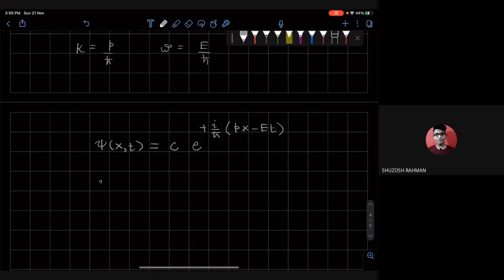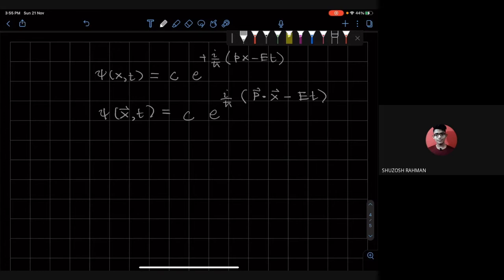So if you were to write a 3-dimensional version of this, this would be C e to the power i over h bar, the 3-vector p dot the 3-vector x minus E t. Okay?